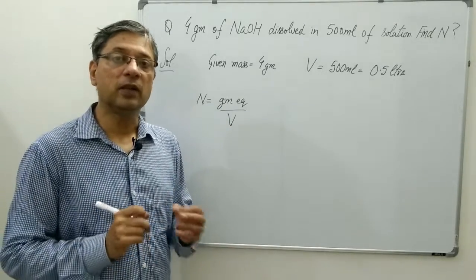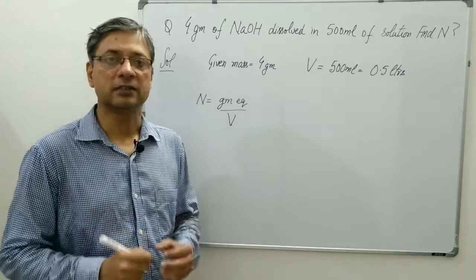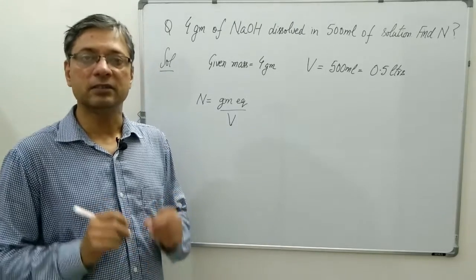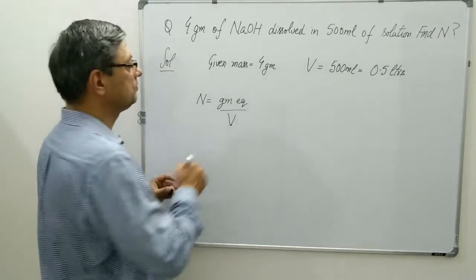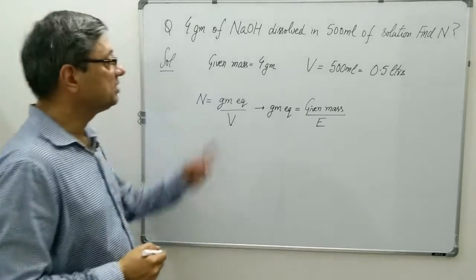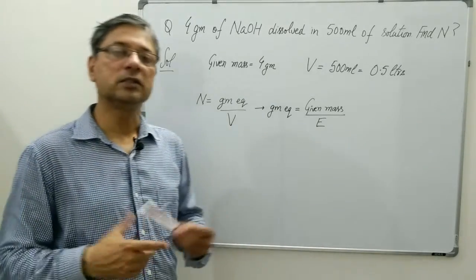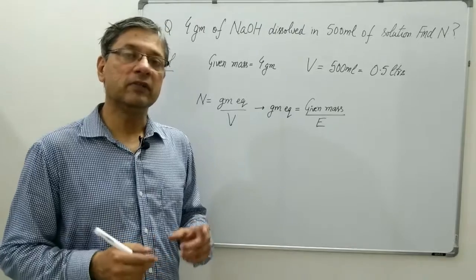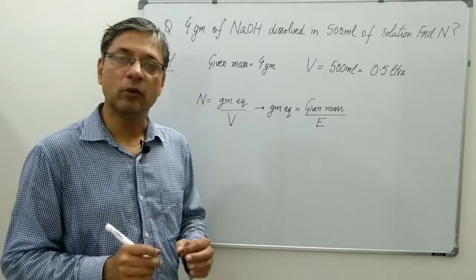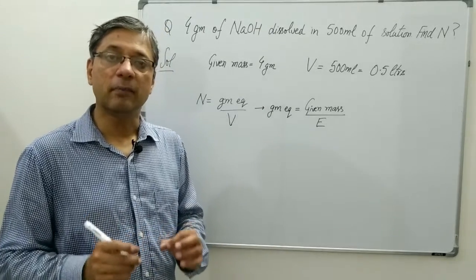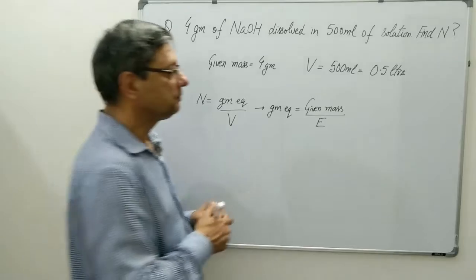Gram equivalent formula we know is equal to given mass upon equivalent mass of NaOH. As per the question, given mass is given to us. So first we have to calculate equivalent mass. Now what is the formula of equivalent mass? Equivalent mass is equal to molar mass of the substance upon equivalence factor.